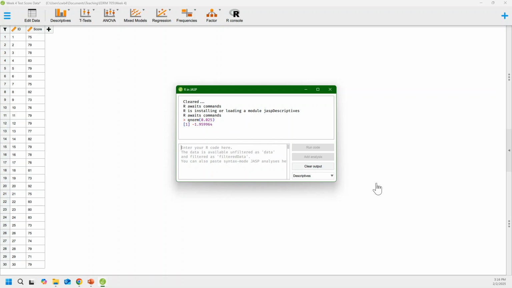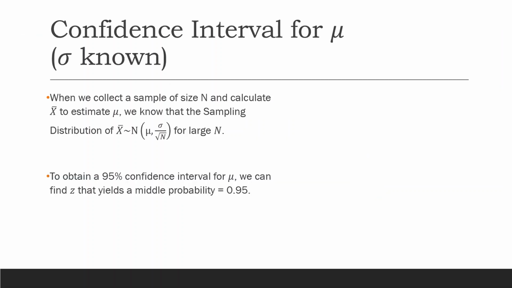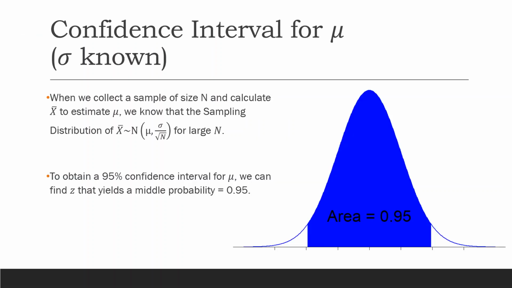I could also do qnorm of 0.975, because if I go back to my normal distribution there, if this is 0.025 and I add 0.95 to that, this area to the left of whatever this z-score is 0.975.